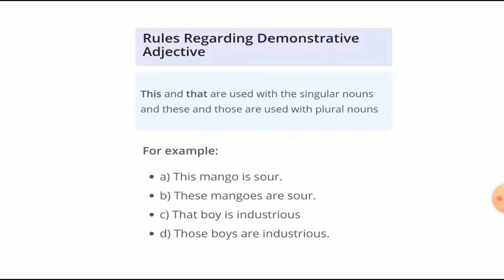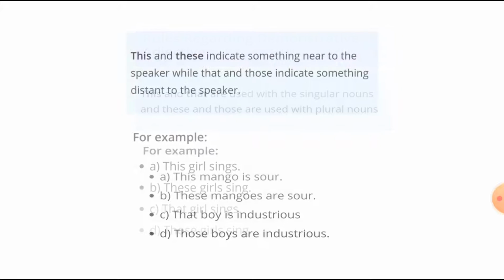As you can see, this is showing singular noun mango, and that is also performing the same kind of function, denoting the noun boy, which is singular. These and those take the plural nouns mangoes and boys.